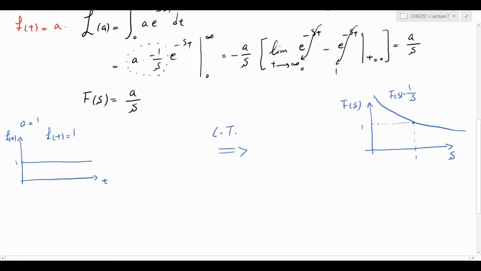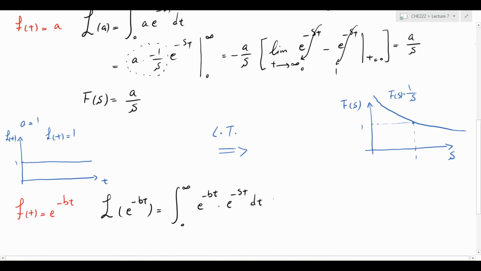As another example, let me calculate the Laplace transform of the function f(t) equal to e to the power of minus bt. Again, by definition, the Laplace transform of e to the power of minus bt is the integral from 0 to infinity of e to the minus bt times e to the minus st dt.